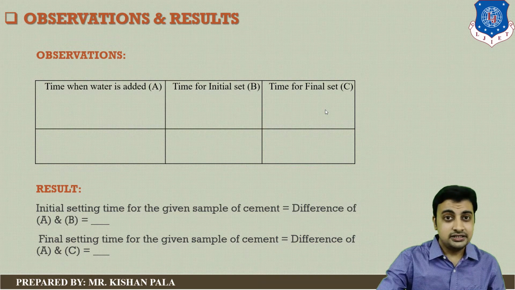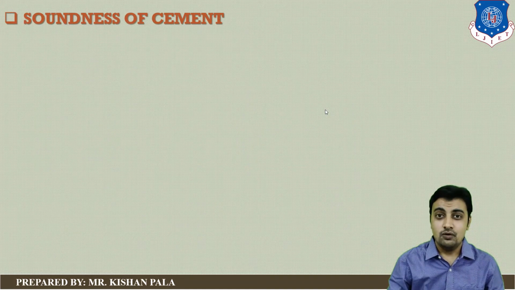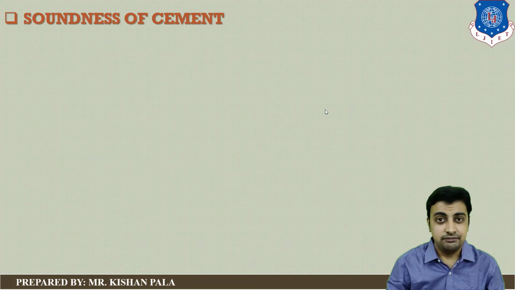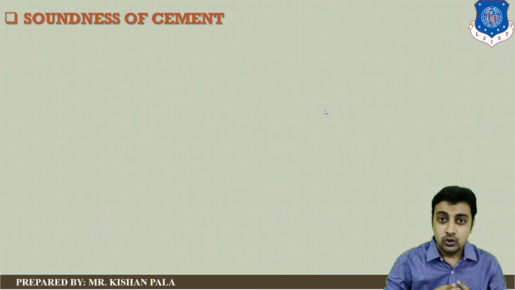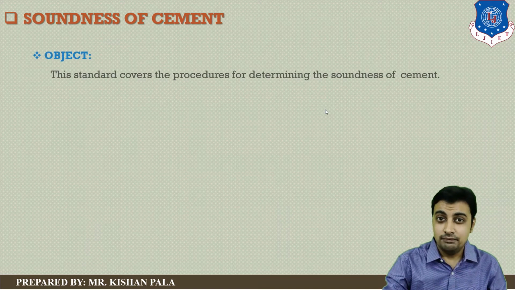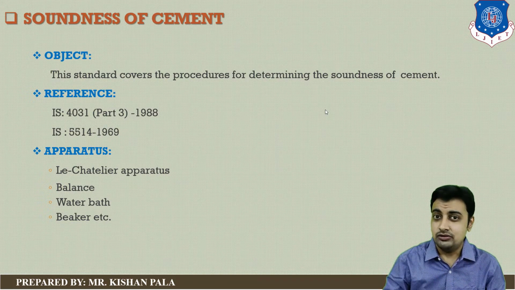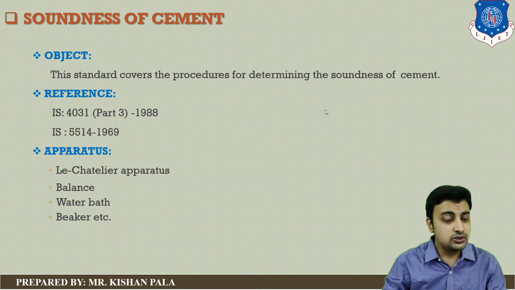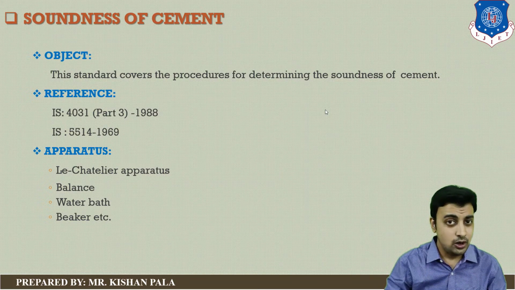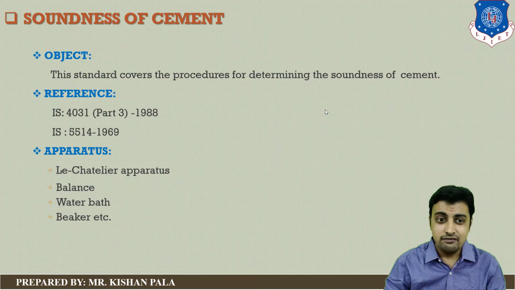Now, let us start the soundness of cement. In the cement mass, we are facing some issues like expansion, so we have to find out the soundness. The object of this test is to cover the procedure for determining the soundness of cement, and you can refer to Indian Standard 4031 Part 3 1988, and also Indian Standard 5514 1969.